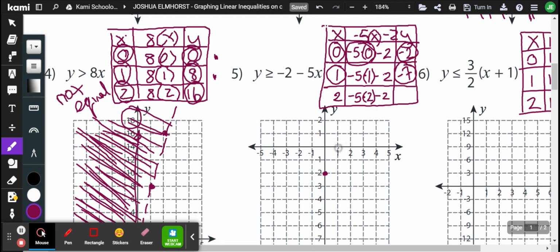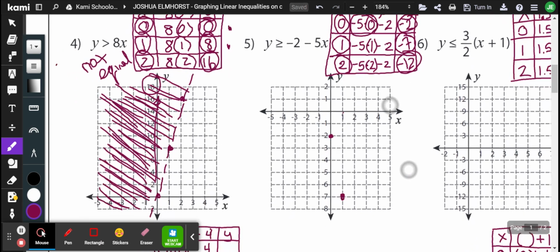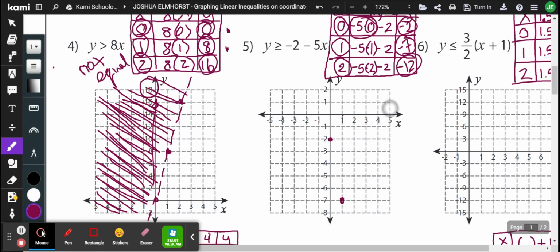So we're going to go over 1 and then down 7. And we have 2 times negative 5, which is going to be negative 10. Minus 2 is negative 12. And that's going to be down here somewhere. We look at our sign, it's equal to.